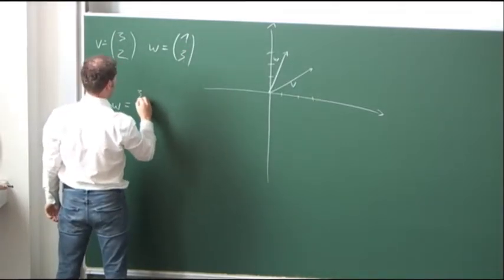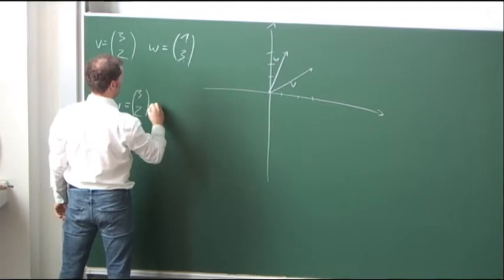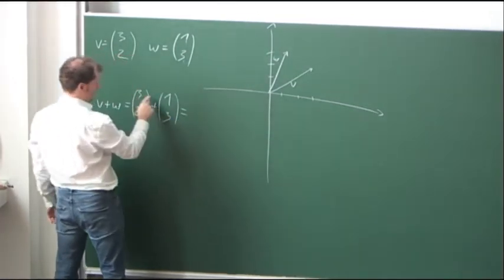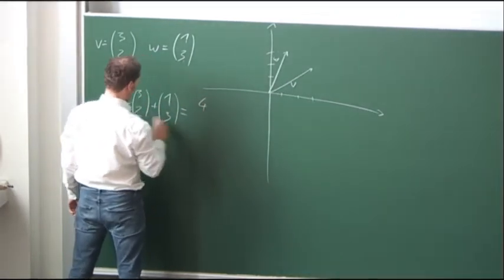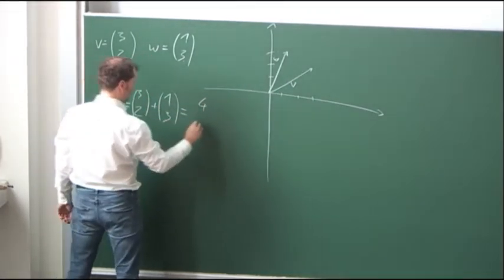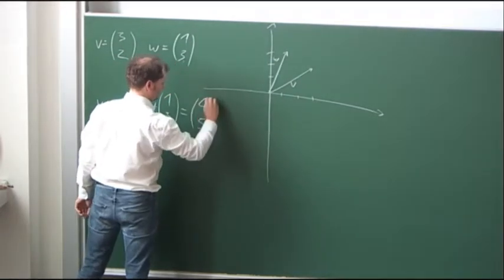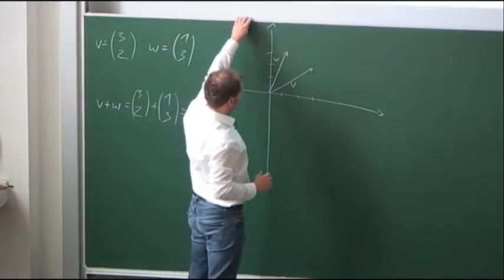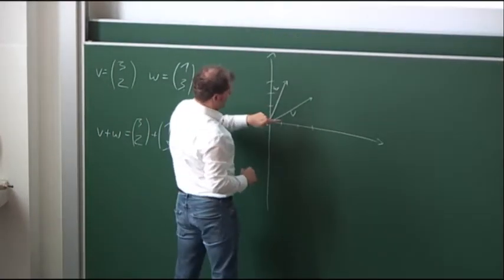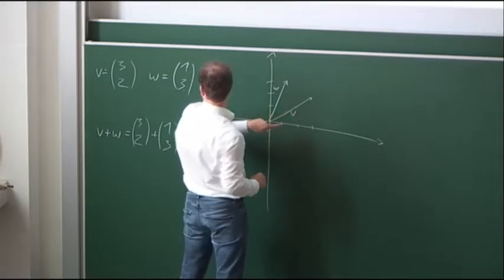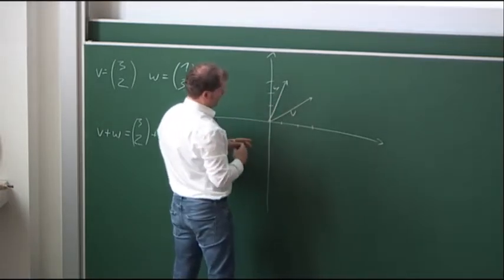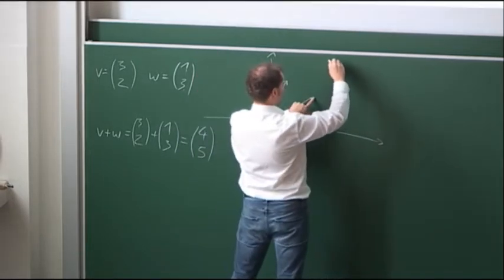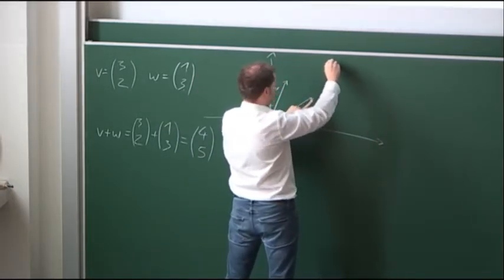So this is 3, 2 plus 1, 3, which is 3 plus 1 is 4, and 2 plus 3 is 5. And visually, if we add w to v, we take this vector and move it over here to the end of this vector, and we add it there.